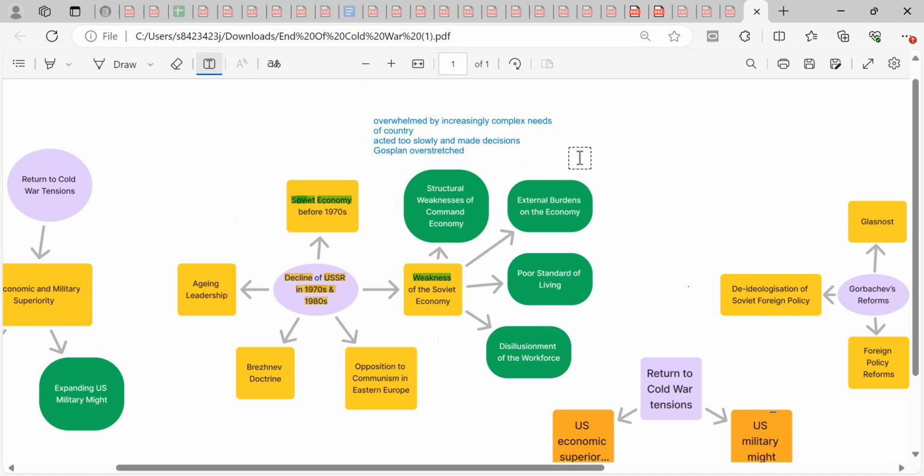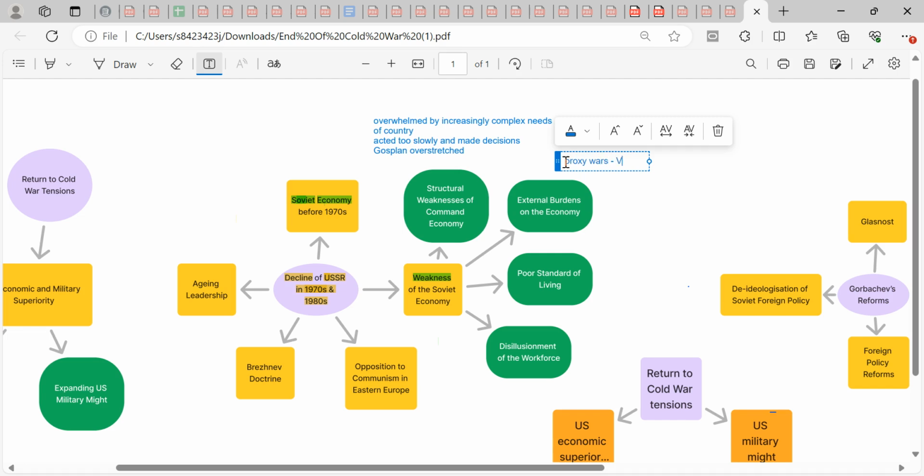So at a time whereby you realize that you are struggling economically, you're not producing at the level that is expected of a superpower, but you still want to play that role of a superpower. So you're still involved in proxy wars, all right?